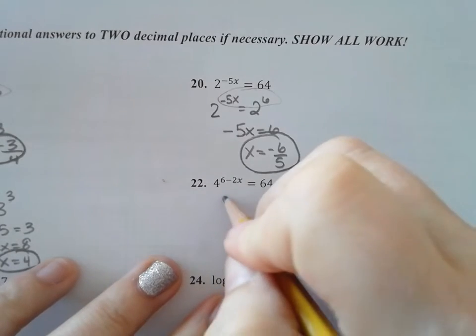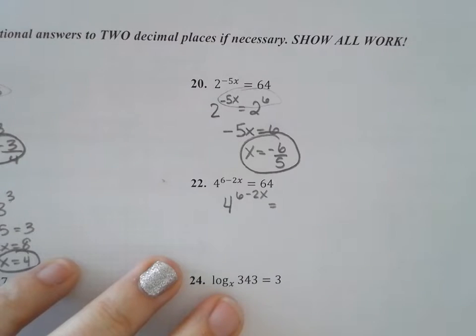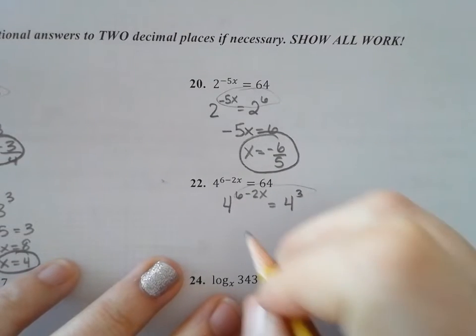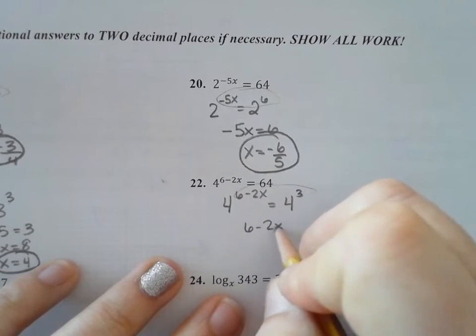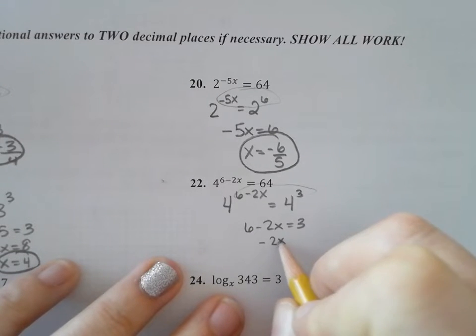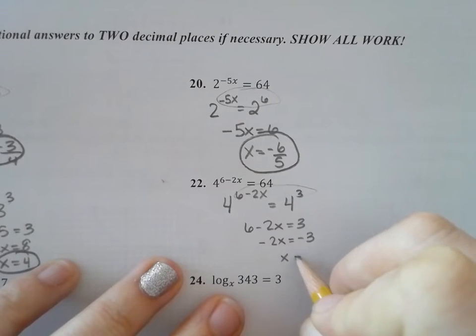Over here, 4 to the 6 minus 2x is equal to, what is that? 4 cubed. Okay, 4 cubed. So then I can set these equal to one another. 6 minus 2x is equal to 3. Subtract a 6. And divide by a negative 2. So you get positive 2/3.